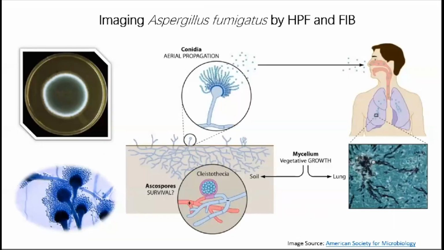This slide is imaging Aspergillus fumigatus by HPF and FIB. It's a conditional pathogenic fungus. Spores are abundant in the environment and can cause disease when the body's immune system is low.